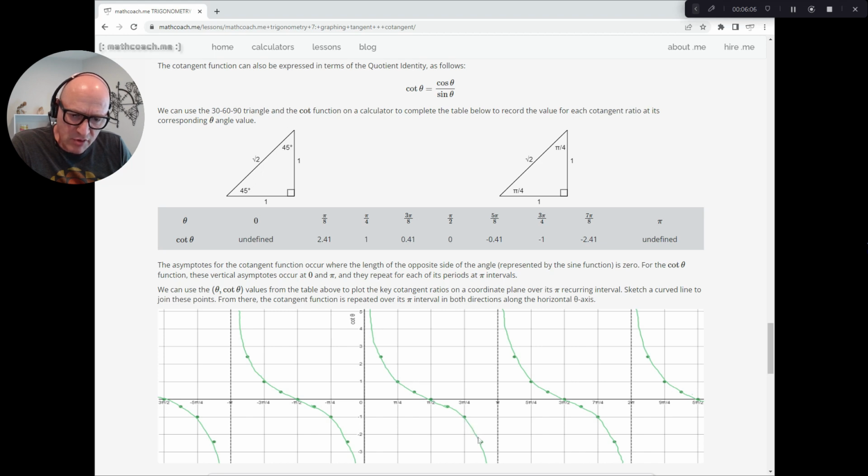It's going to approach negative infinity and get closer and closer to that pi asymptote, at 180 degrees. And in this direction, as it's approaching 0, it's going to get closer and closer to infinity.